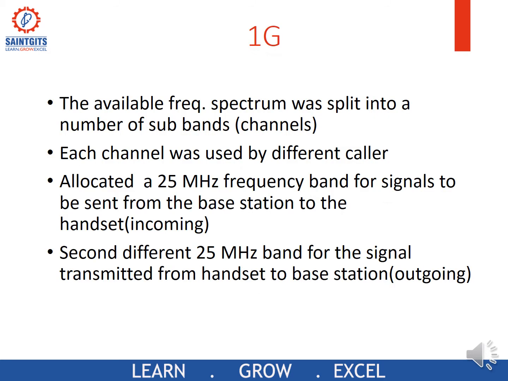In first generation mobile communication technology, the available frequency spectrum was split into a number of subbands which we call channels, and each channel is allocated to a particular caller.